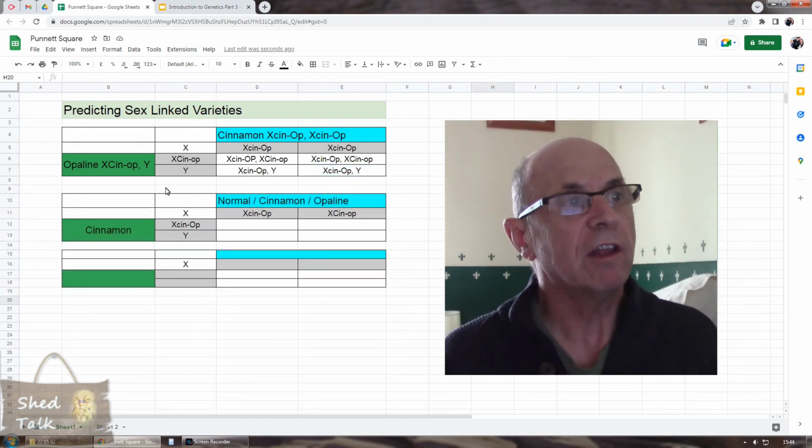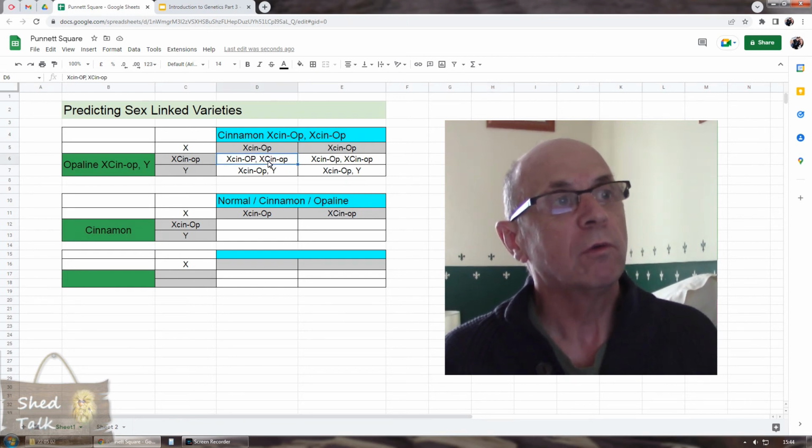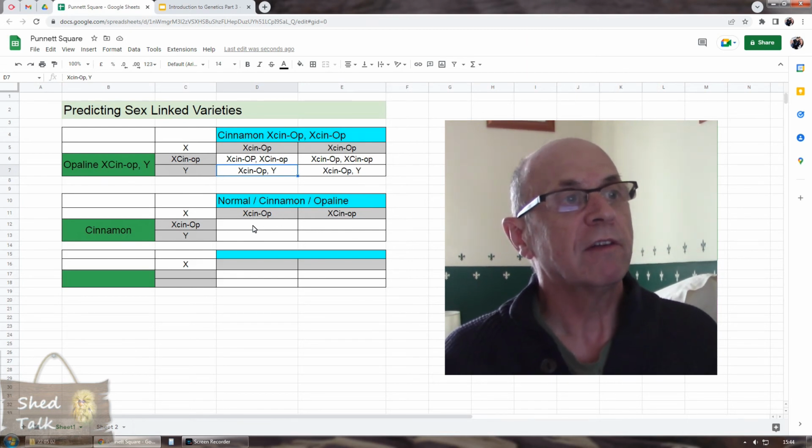So here we are, we've set up this Punnett square here for this offspring and this offspring, and there are the various alleles that we are concerned with. So let's have a look what we're going to get here.